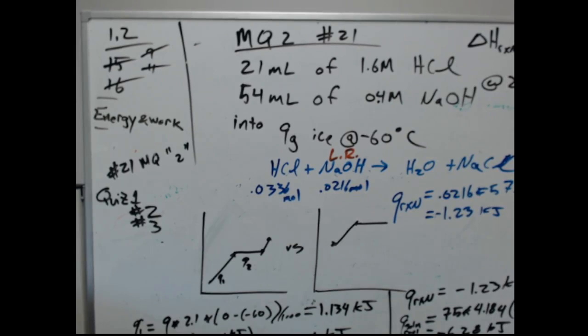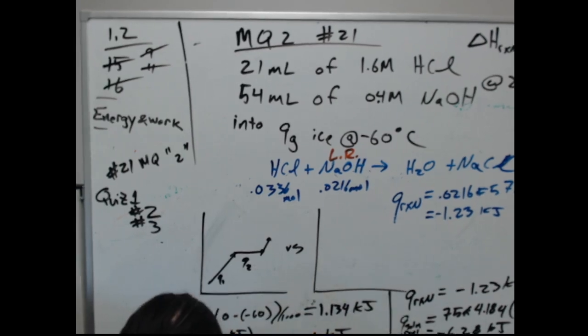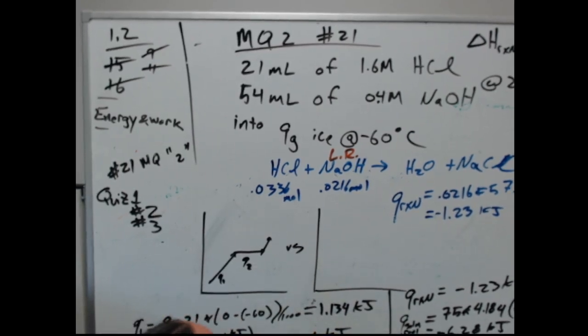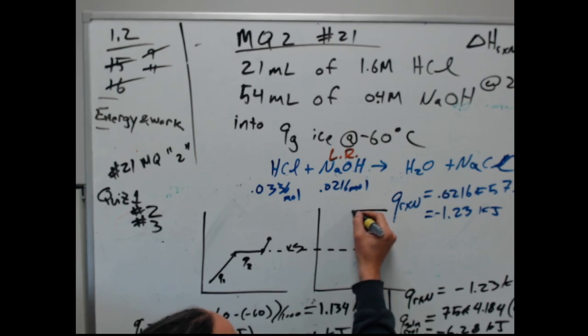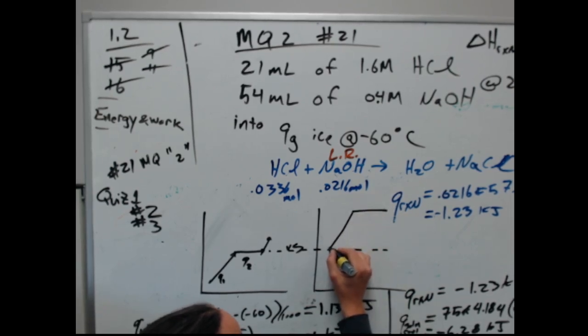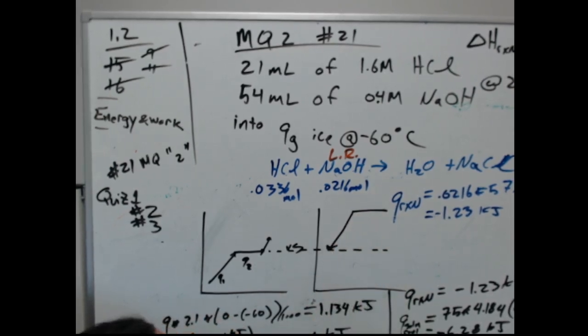if I draw this not to scale, but a little bit differently, let me give myself a little guiding line real quick. Reaction, cooling is not going to get all the way to 0 there.